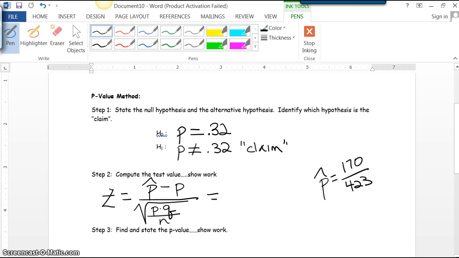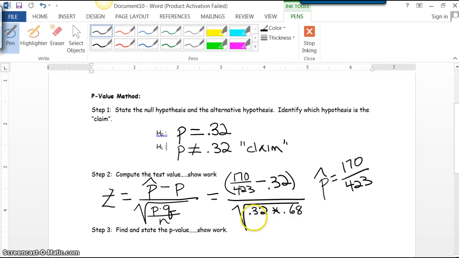This is not a very nice decimal, so I'm not going to round it. I'm just going to use the fraction as it is, still using a decimal for the hypothesized p. If 32% of the moviegoers are in this age group, then 68% would not be in that age group, and the sample size is 423.